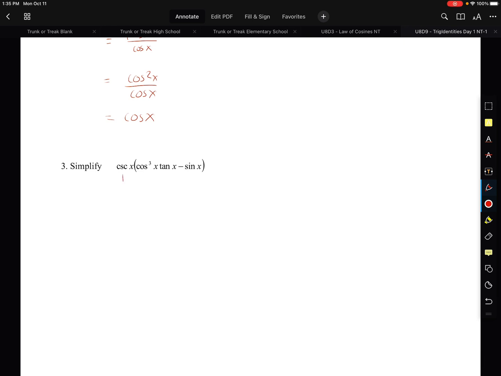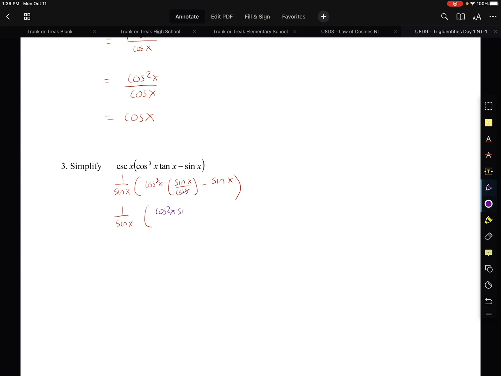All right, so what I'm thinking, I got 1 over sine times cos. I'm going to make tan into sine over cos, minus sine. All right, so if I distribute, well, I can work the inside for a second. 1 over sine x times, cancel the cos, made that cos squared.